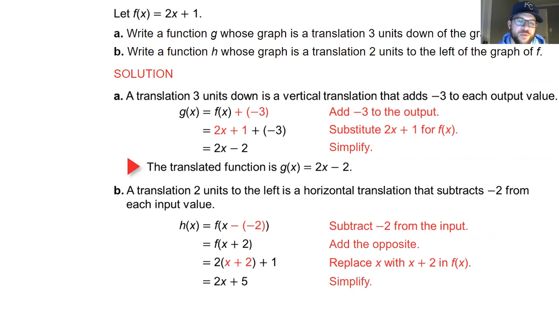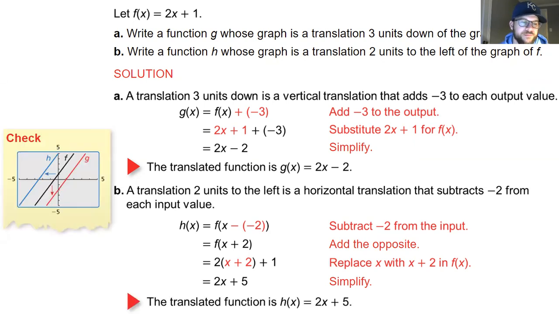You combine these, distributing the 2 to get 2x plus 4, and then add the 4 plus 1 to get 5. So that is taking your 2x plus 1, shifting 2 units to the left. And that's kind of what it looks like on the graph if you choose to use it on the graphing calculator.